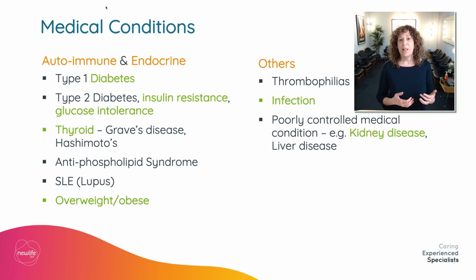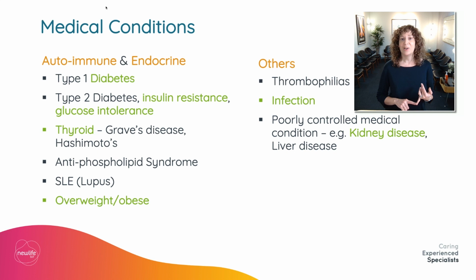And there are some well-known autoimmune diseases that you might have heard of, in particular type 1 diabetes, also lupus, but there are also other autoimmune diseases that can affect the thyroid gland as well. And then I've put some other conditions on the right-hand side, and I'm going to talk about those as well.